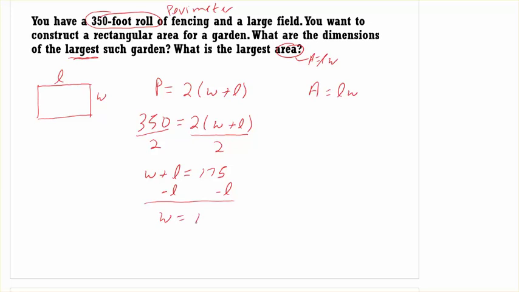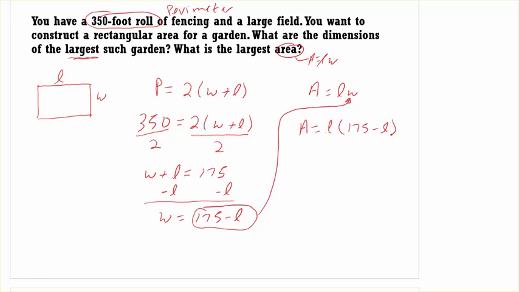Now I'm doing the width. You could do the length if you wanted. And then we're going to take this 175 minus L, and we're going to substitute it in the area equation. So area equals length times 175 minus length.